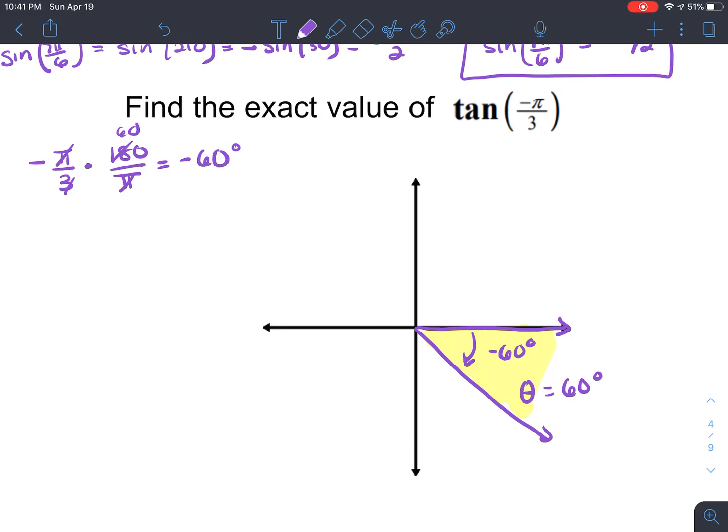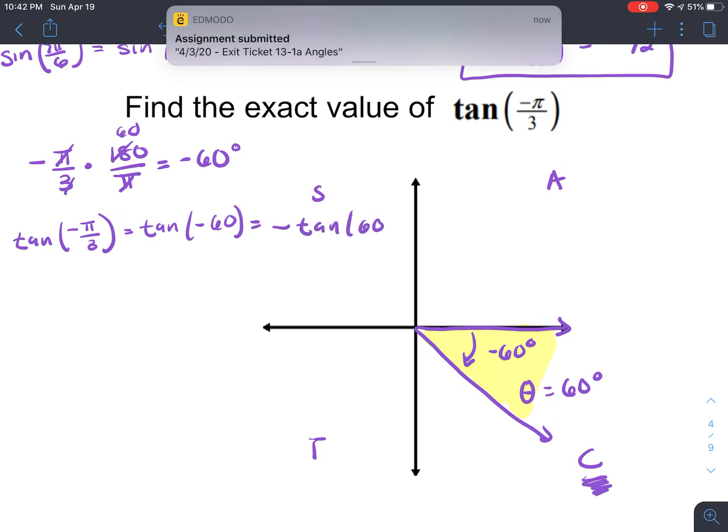So tangent of negative pi over 3 is equal to the tangent of negative 60 degrees. And that is equal to, well, all students take calc, negative, because cosine is the only thing positive in this quadrant, tangent of its reference angle.